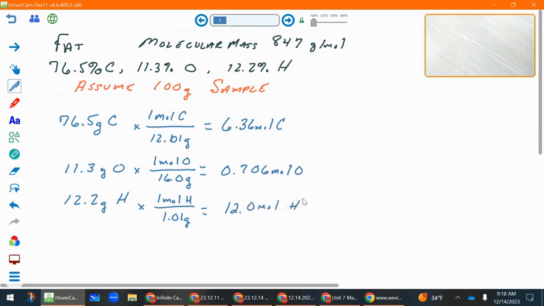Okay, now what do we do? Divide by the smallest number of moles. Which is what? 0.706. The smallest number of moles. 0.706.